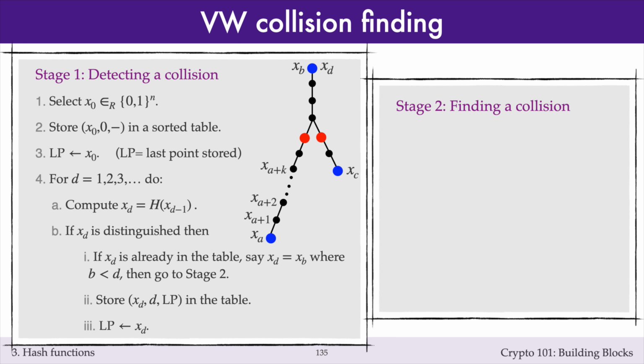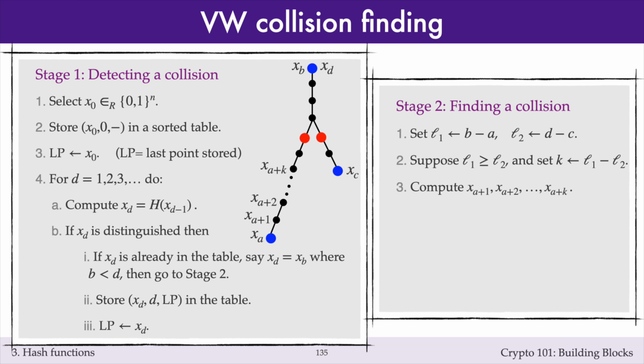In stage 2, define L1 to be the length of the path from XA to XB, and L2 to be the length of the path from XC to XD. Assume without loss of generality that L1 is at least L2, and let K be their difference. Compute K terms of the sequence, beginning with XA, to get XA plus K. Observe that XA plus K and XC are equidistant from XB, which equals XD.